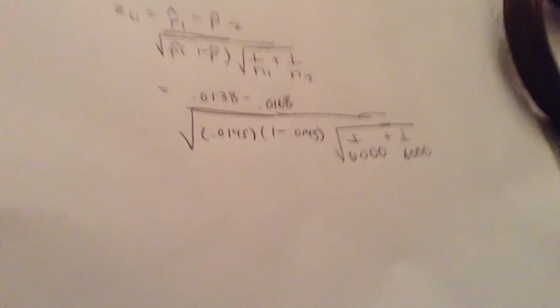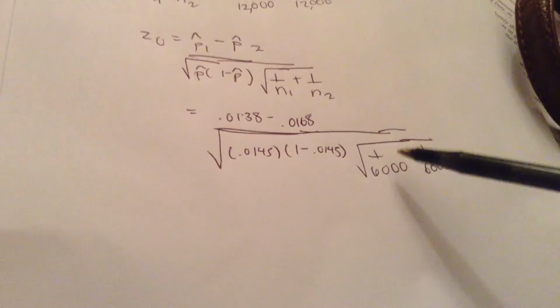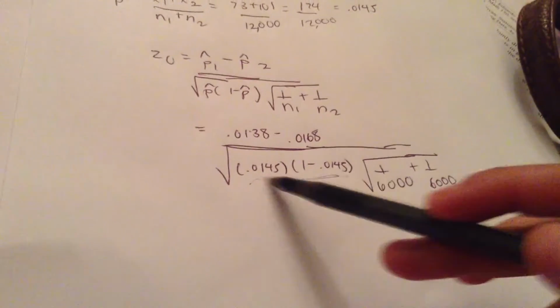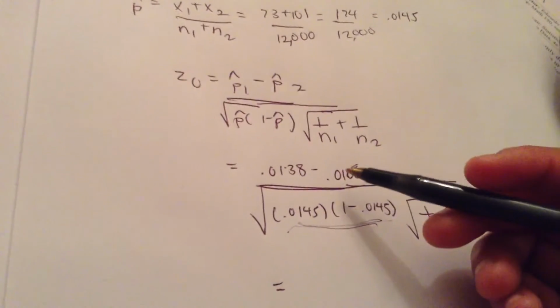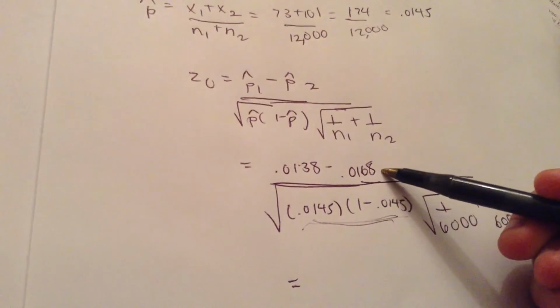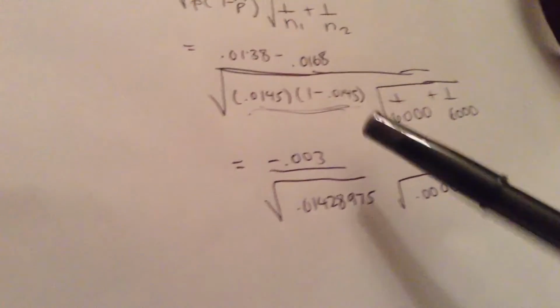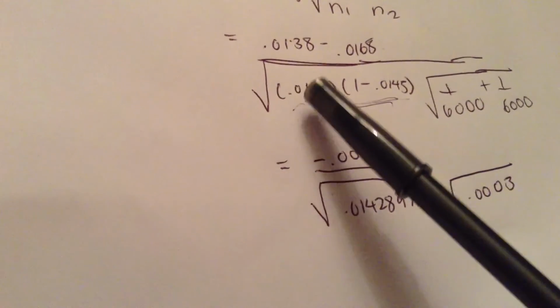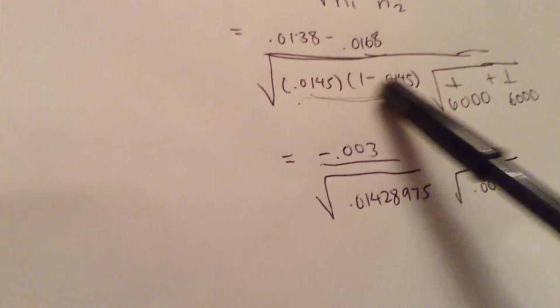So what I'm going to do is multiply these two, and then divide. We'll do the top portion first, and then this portion right here. I subtracted these two, which got me this, and I multiplied this times this, which got me this number, and I squared it because I multiplied the inside first.